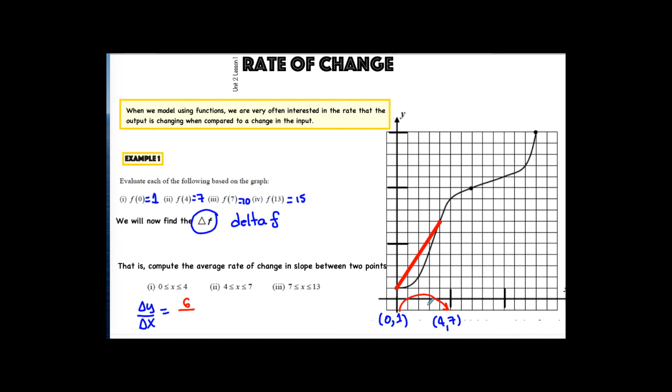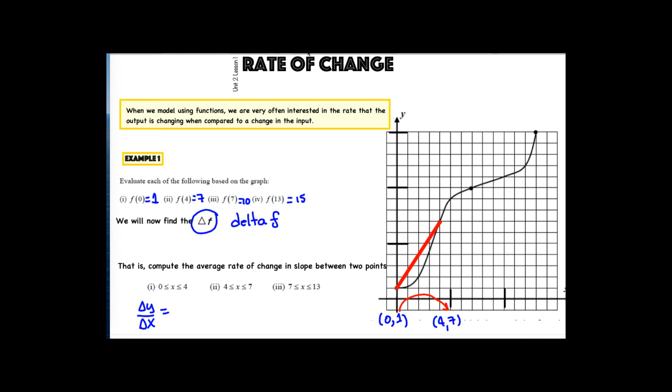The change from 0 to 4, what did I do to 0 to get to 4, was I added on 4. So this has a rate of change after I reduce of 3/2. And it makes sense, like that's my slope. Up 3 over 2. Up 3 over 2. And I end up being on the line.